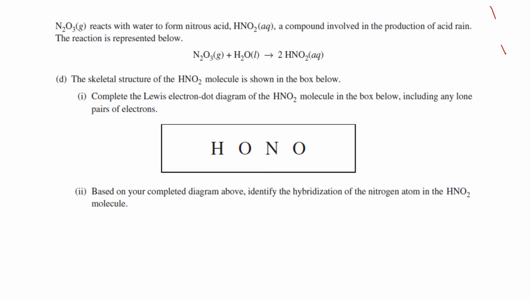So I'm going to go ahead and draw each atom that's present. So I've got hydrogen, it's got 1 valence electron. Oxygen has 6, it can make 2 bonds. So those ones that are already paired up, I'm going to put away from the other atoms. Nitrogen has 5 valence electrons, so it can make 3 bonds.